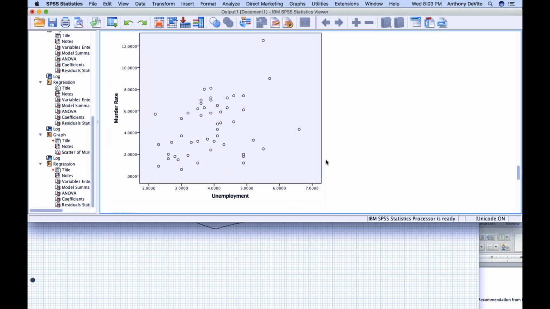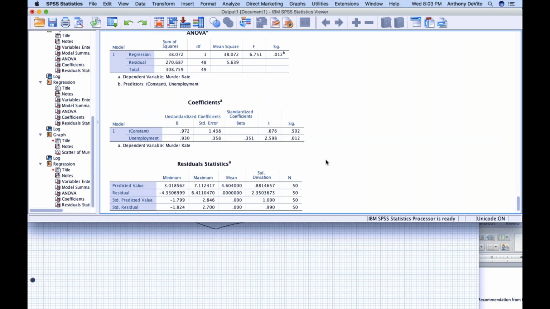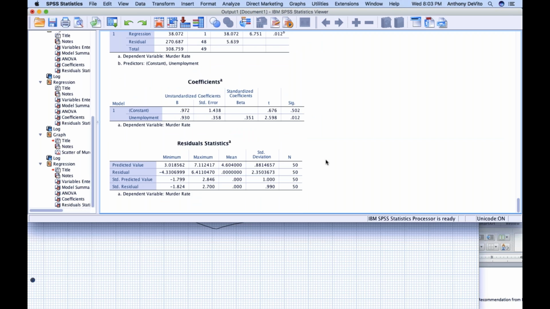Although it's not as consistent and reliable a measure of it. But now we can see there's more than one factor here that's influencing the murder rate.